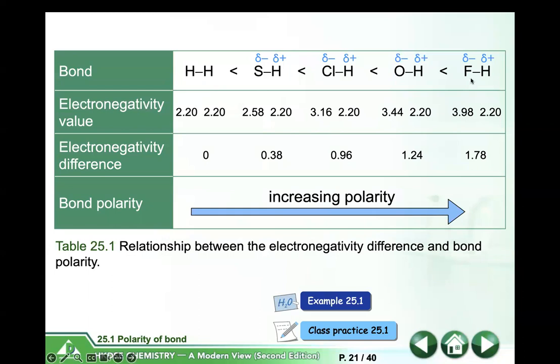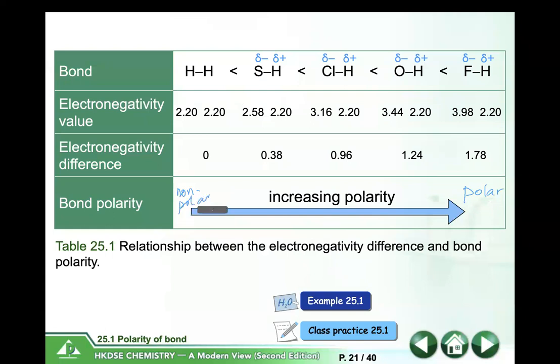For HF, the electronegativity difference will be greater because fluorine has the highest electronegativity value assigned to it. We say that it is the most polar bond.